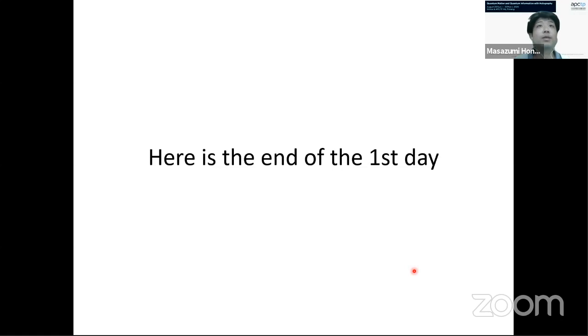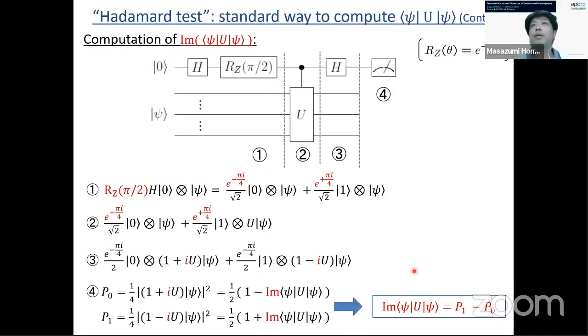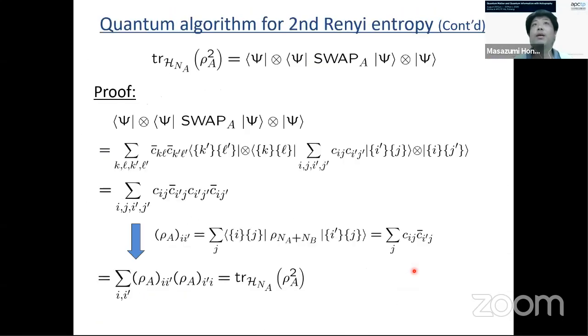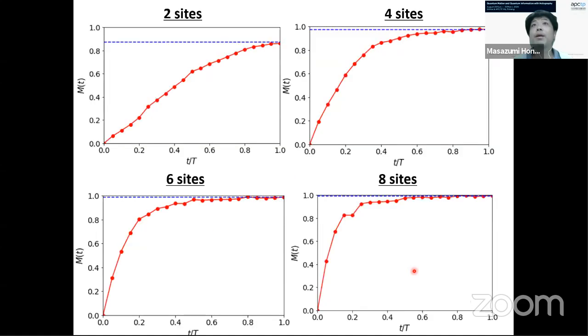Before going to the content of the second day, perhaps it would be useful if I show you the simulation code for computing this one. Here I'm computing the magnetization of the Ising model by using adiabatic state preparation.